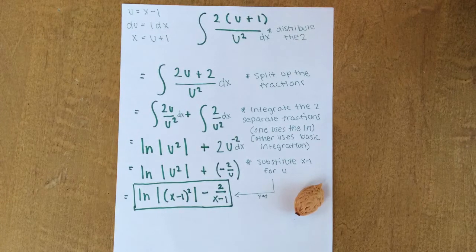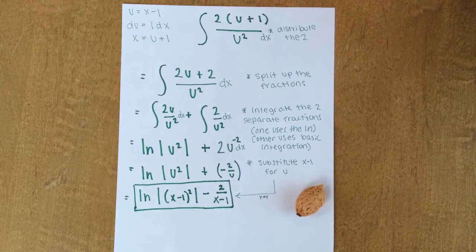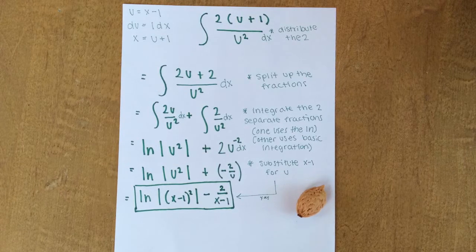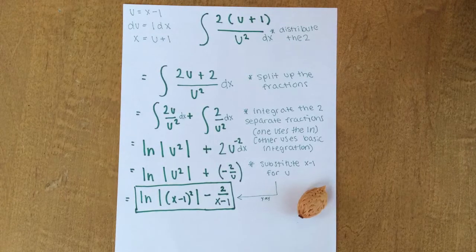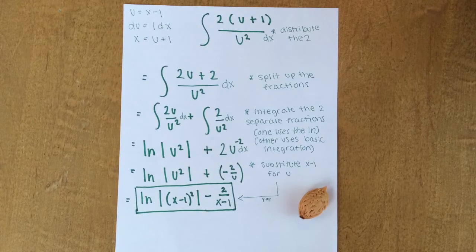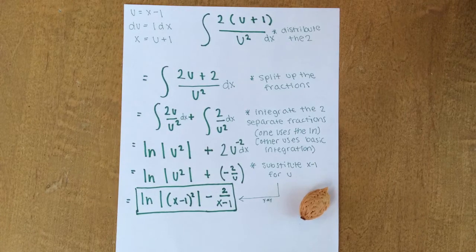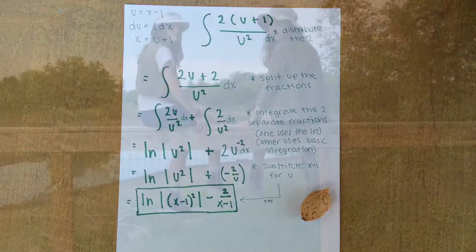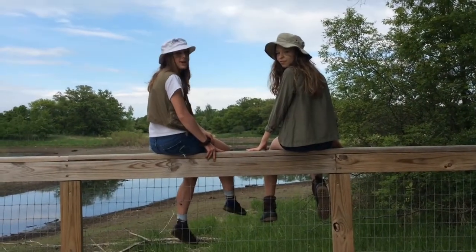And after we do that, we're going to substitute in the u for x minus 1. And after that, we forgot to add the plus c, but of course with integration, you always add the plus c at the end.